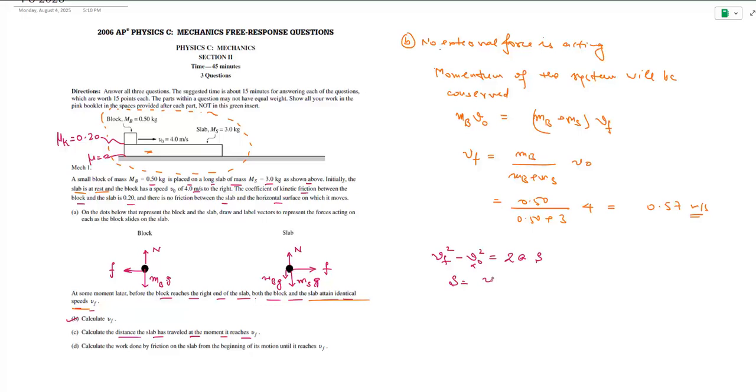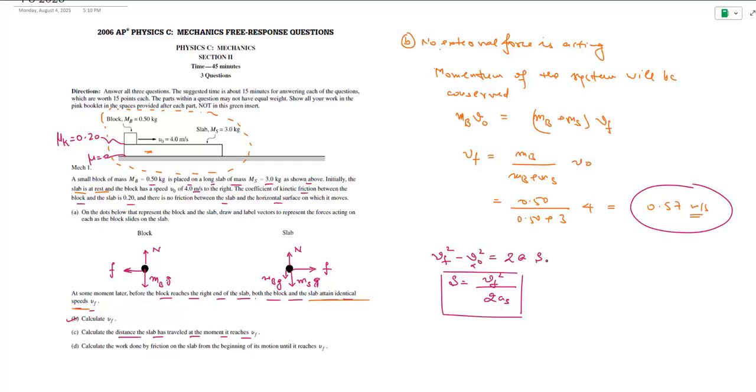Because the initial speed is 0, we can write this as Vf square by 2a, right? This a is the acceleration of the slab. Vf we have calculated from here, but we don't know the acceleration of the slab.